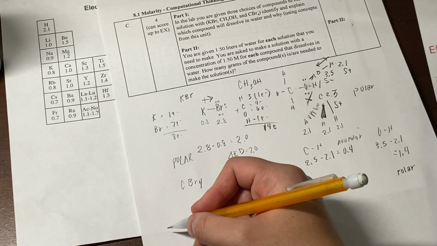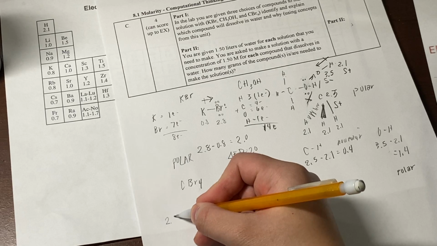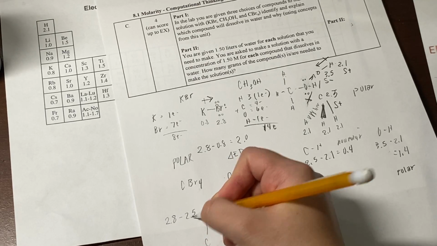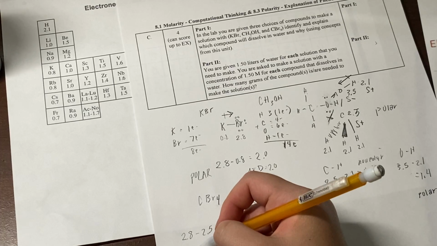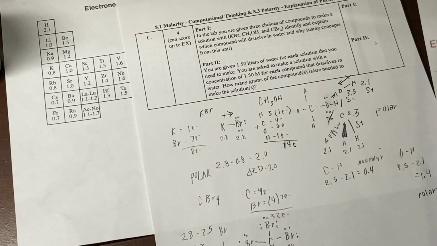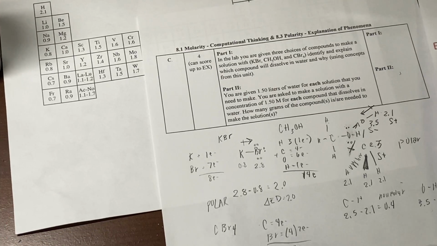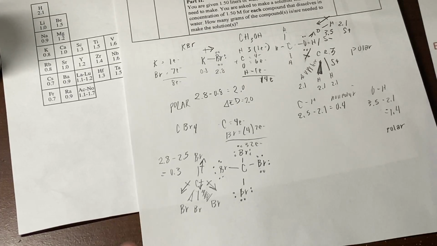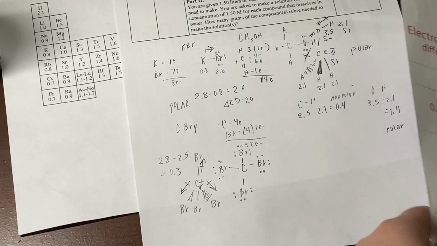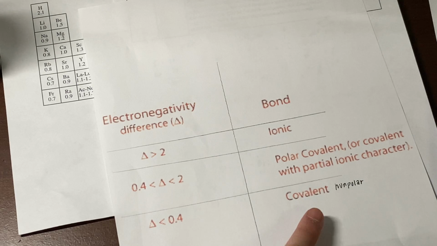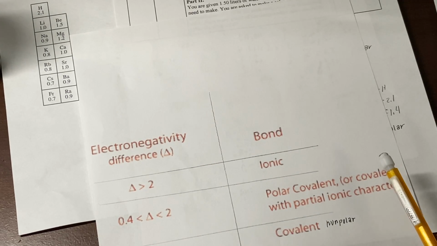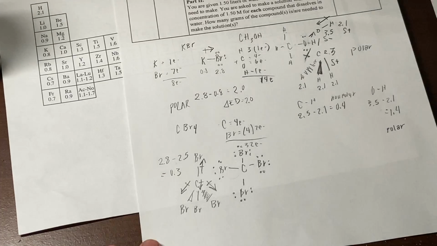So we have 2.8 minus 2.5, and so we have 0.3, making it, according to our chart, non-polar, because it is less than 0.4.